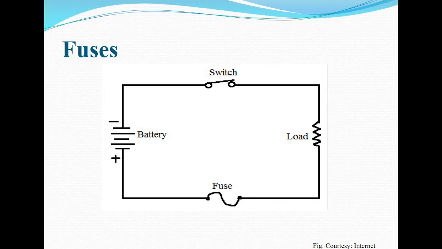If the voltage or the current is excessive, or crosses the limit, then the fuse will melt or blow. So there will not be any current from this point to this point, and the circuit will stop working. So this is how a fuse works.